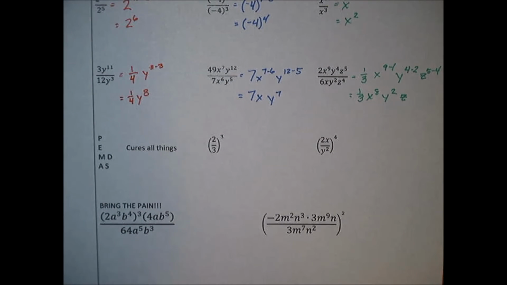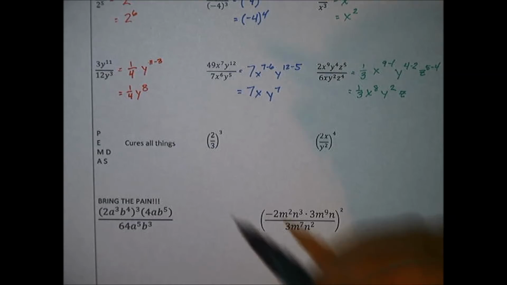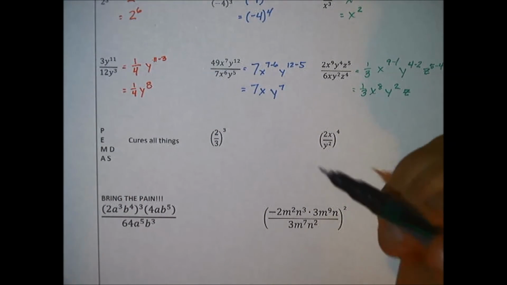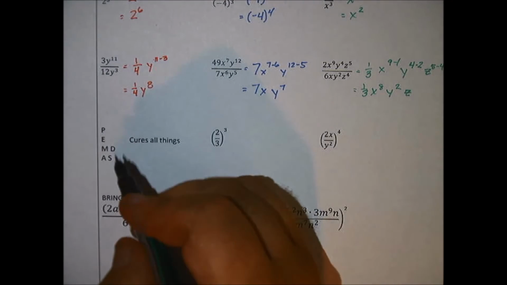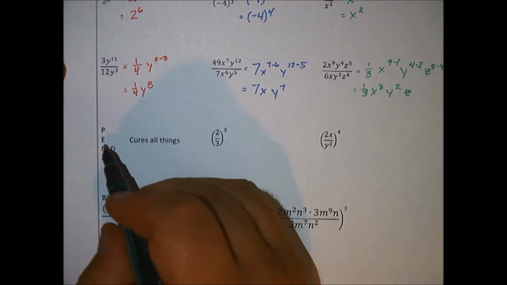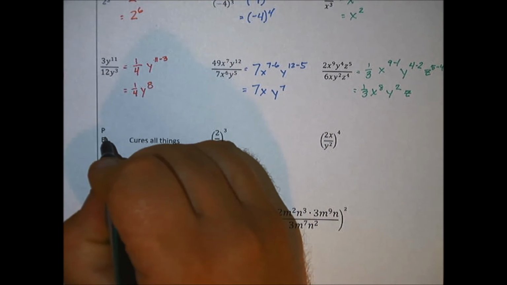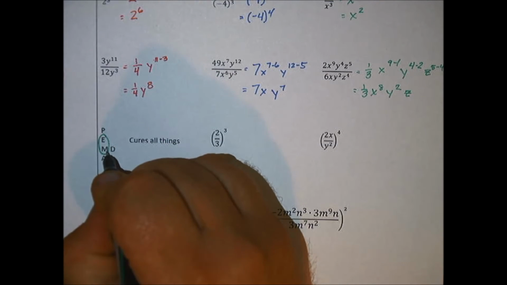All right, down here it says PEMDAS. PEMDAS cures all things. Here's what we look at, and the reason I say this is because everything's involved here. When I have an exponent raised to an exponent, I'm going to multiply those exponents.